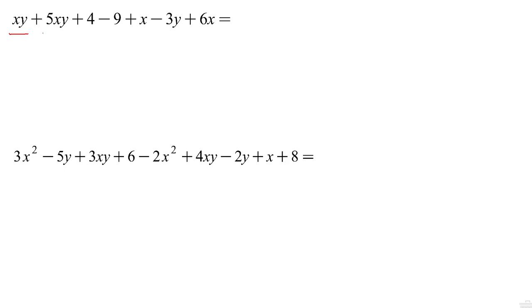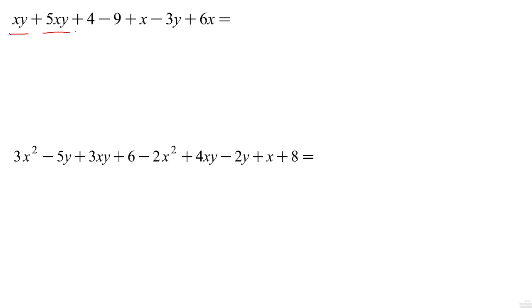The answer is yes, there's another one right next to it, the 5xy. So those are like terms. If we continue looking along at the plus 4, the minus 9, the plus x, minus 3y, and plus 6x, none of those have both an x and a y being multiplied together. So those are the only two xy terms.